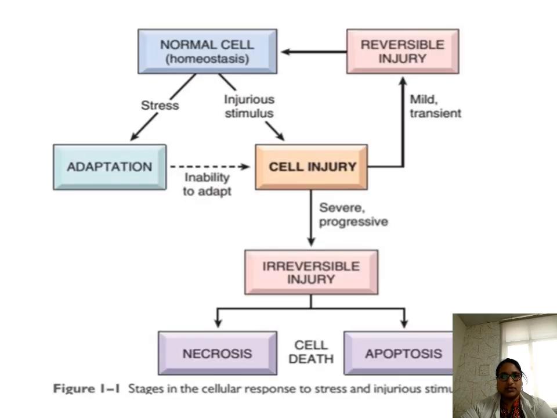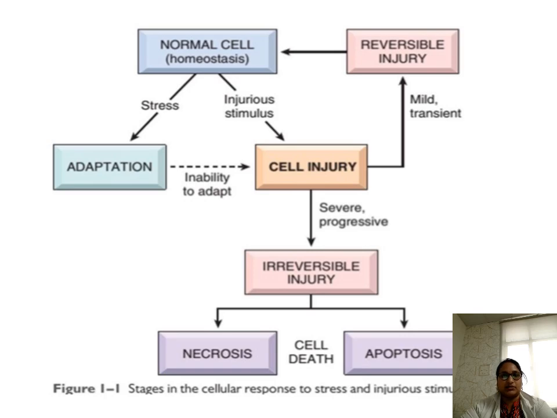So to brush up this again, this one more slide. Normal cell, if there is very mild stress, it will try to adapt either in the form of atrophy, hypertrophy, hyperplasia, metaplasia, or dysplasia.